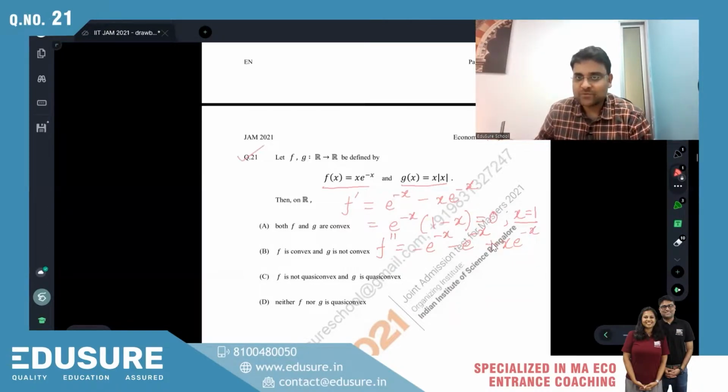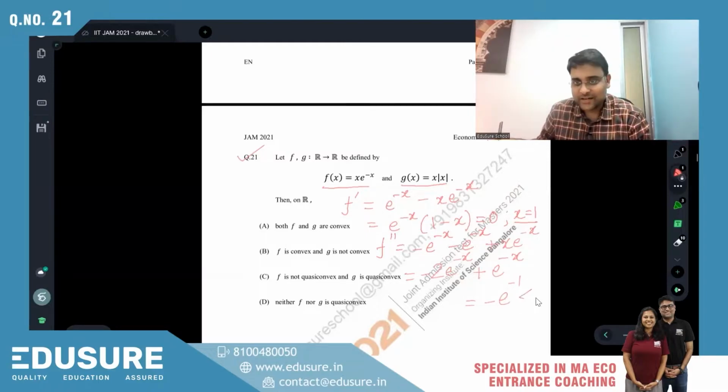Negative negative becomes positive, that's why. Now if I put x is equal to 1 here, I'll get minus 2e to the power of minus x plus e to the power of minus x. So that gives me minus e to the power of minus 1.